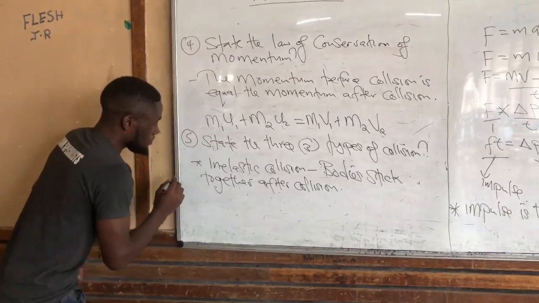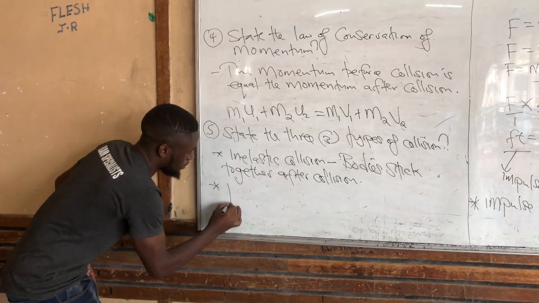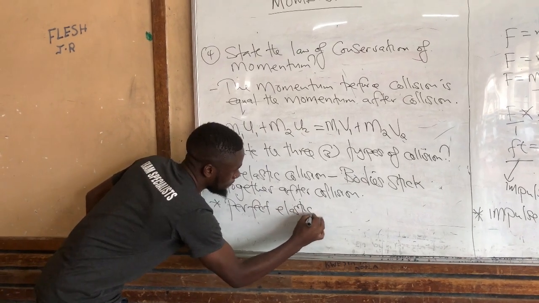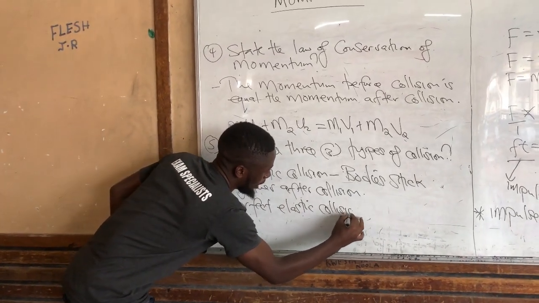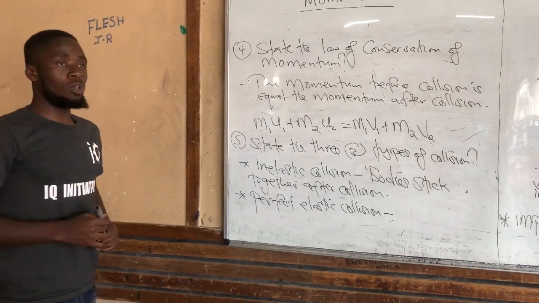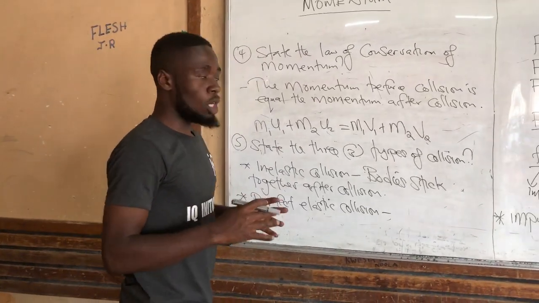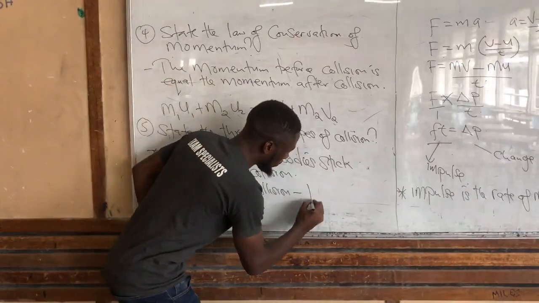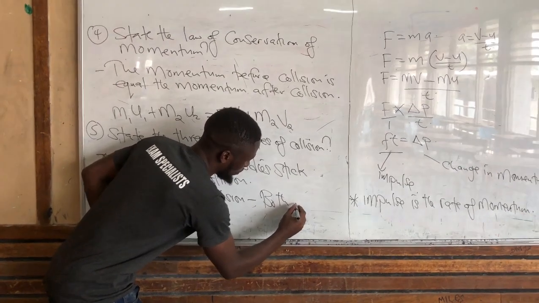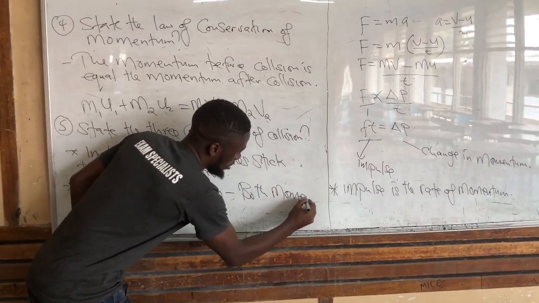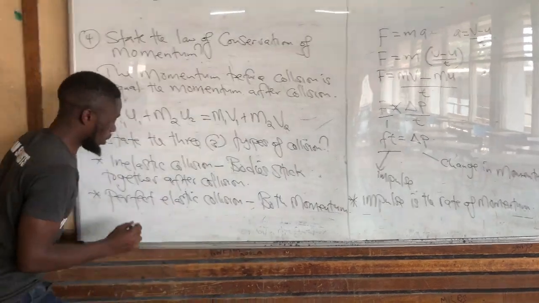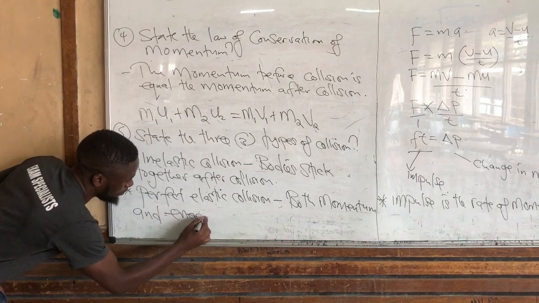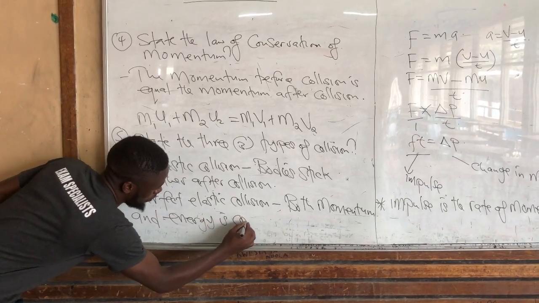So the next one is perfect elastic collision. What is perfect elastic collision? This is the type of collision where both momentum and energy are conserved.